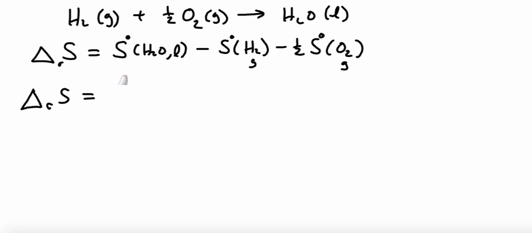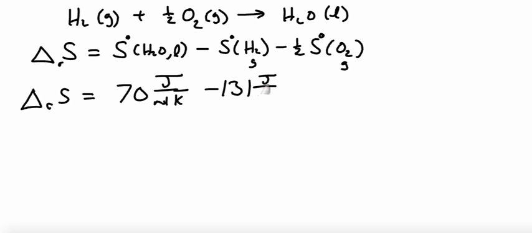So the entropy of pure water, liquid water, is 70 joules per mole per Kelvin. The entropy of hydrogen gas is going to be 131 joules per mole per Kelvin. And we've got the entropy of the oxygen gas, which is 205.